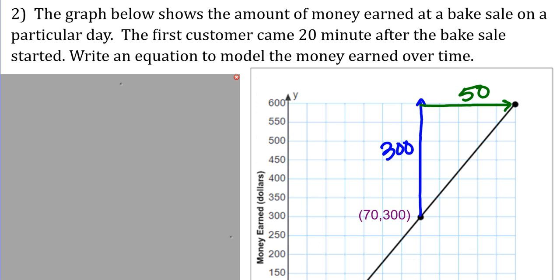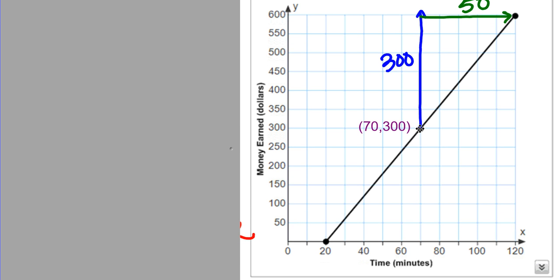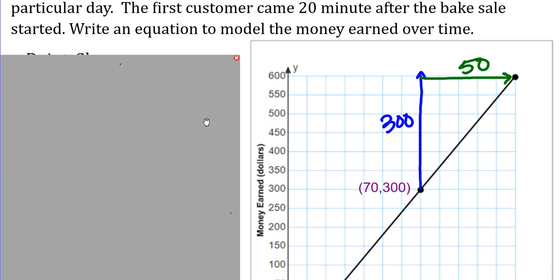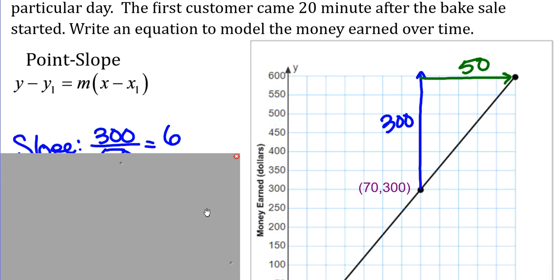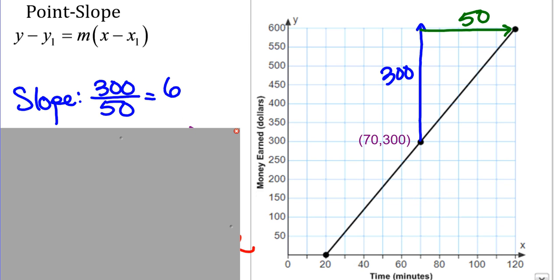So let's say I use these 2 points here, and visually I can see that I have a change in y, a rise of 300, over a change in x, a run of 50. So the change in y over the change in x, 300 compared to 50, simplifies to a slope of 6. Then I just need a point to write my equation in point-slope format.